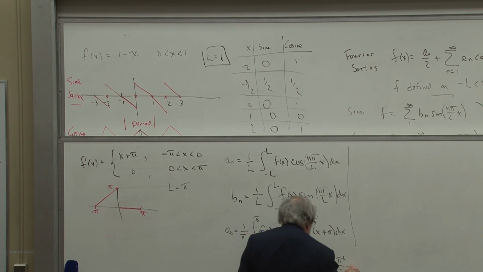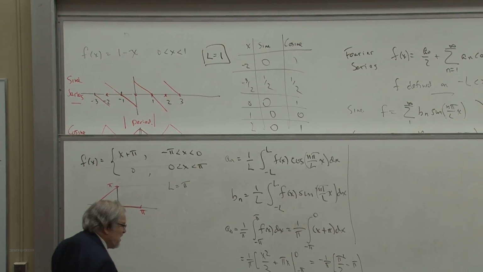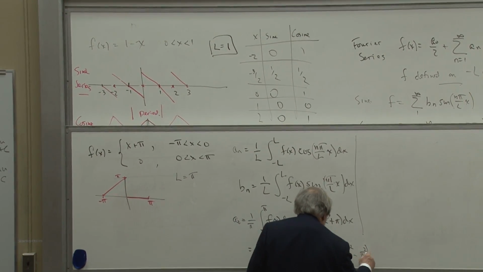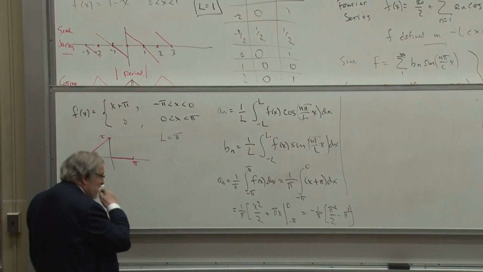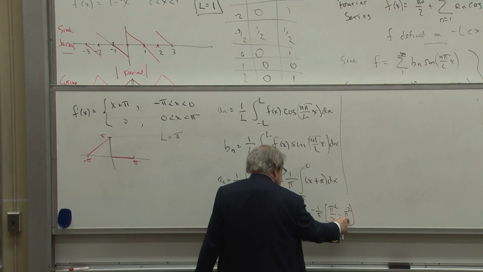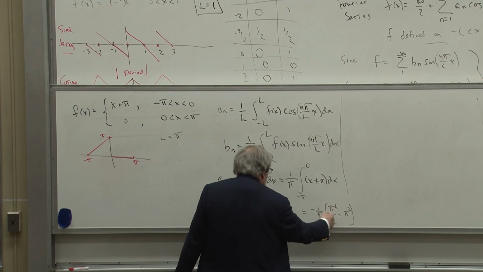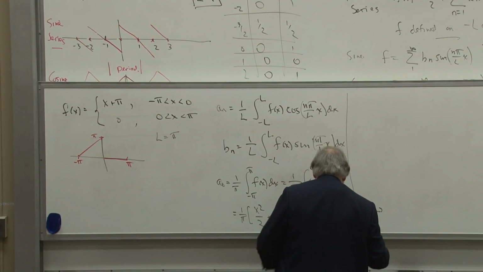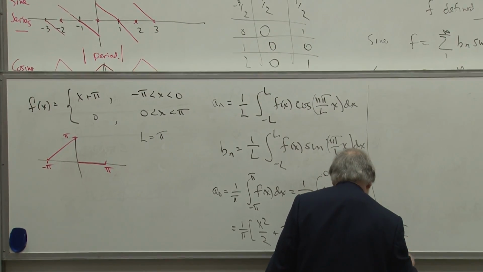Negative pi there minus pi, pi minus pi squared. Pi times pi is pi squared. So this is negative a half pi squared inside the bracket, pi squared, pi. Pi squared over pi is pi over 2.